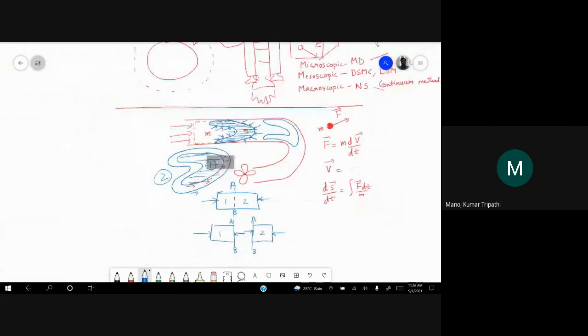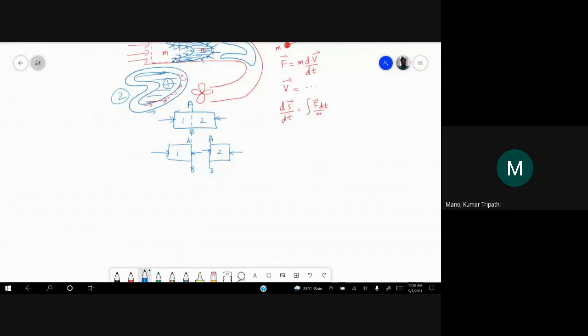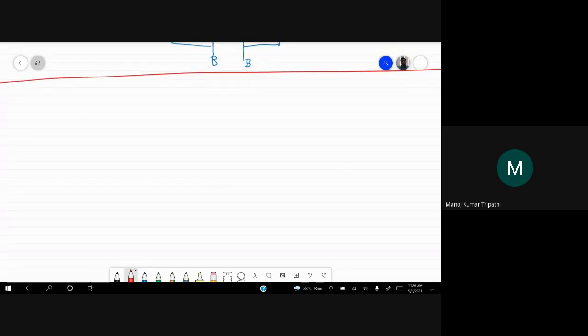Therefore, we'll try some other method. Instead of tracking a fixed mass of fluid, let's say this is the pipe again, what we will do is we will create a fixed volume in space.